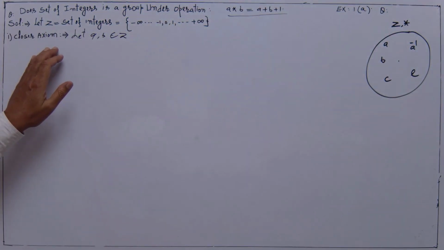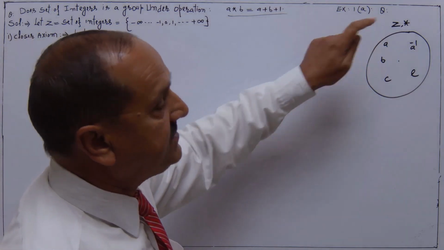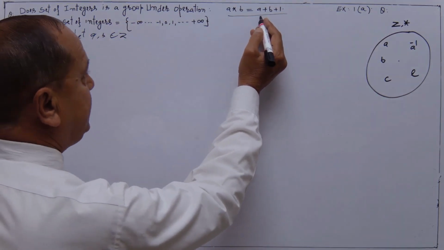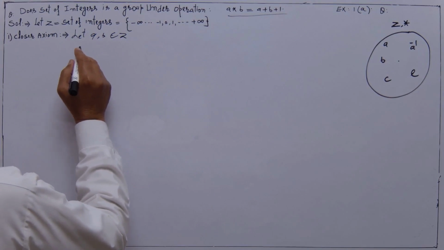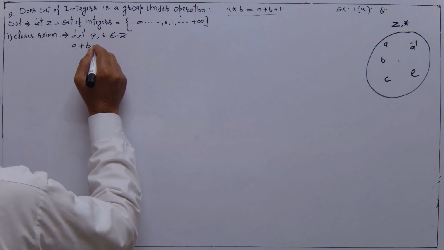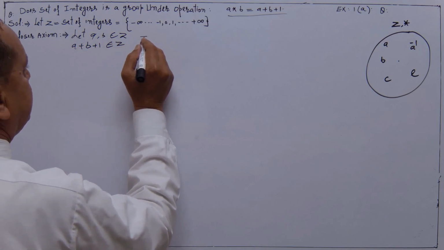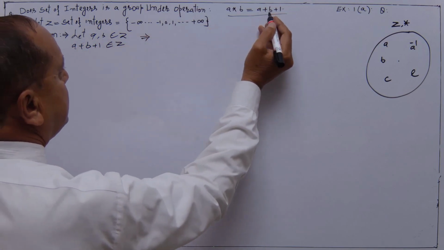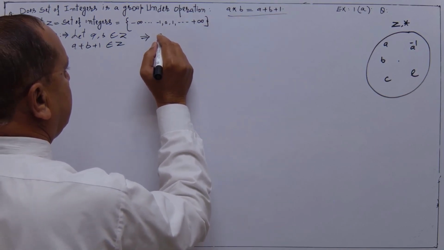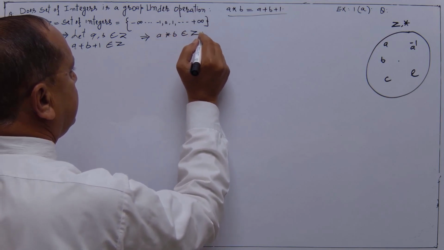In the closure property, let A and B belong to set Z. Then according to this operation, A plus B plus 1 also belongs to integers, which implies that the left hand side also belongs to integers.